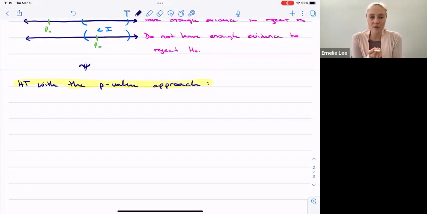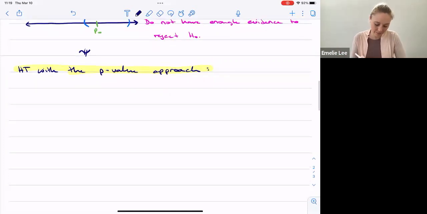We've already done this, but it doesn't hurt to do it again, right? Because when I was introducing the confidence interval approach, I would kind of mention the p-value approach alongside, but we didn't really go into any detail, and so that's what I want to do today.